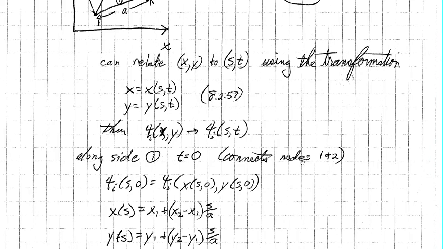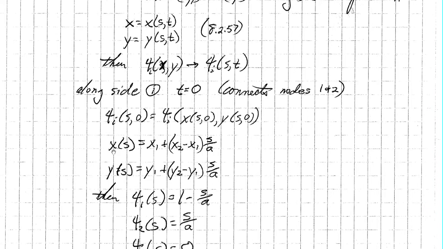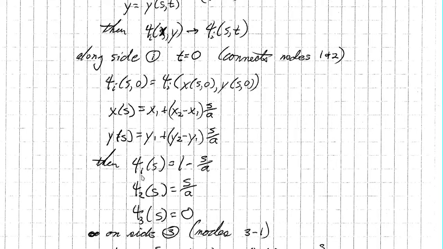Here is how we're going to define x and y of s. So what you end up finding is, for a linear interpolation function for a triangular element, a 3-node triangle element, this is what that interpolation looks like. Here is psi 2 and psi 3.